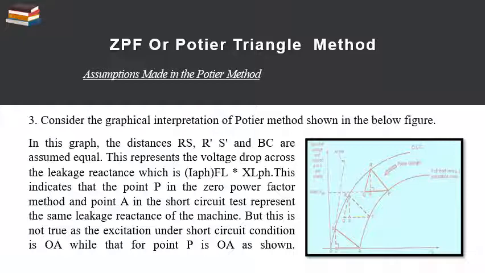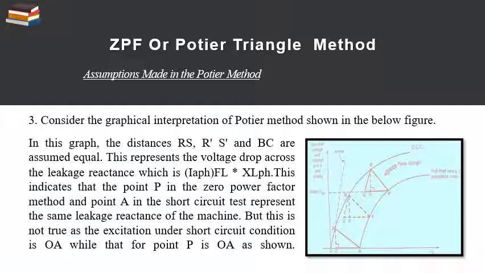In this graph the distance RS, R dash S dash and BC are assumed equal. This represents the voltage drop across the leakage reactance, which is IAPH into IAPH, which is full load, into XLPH.